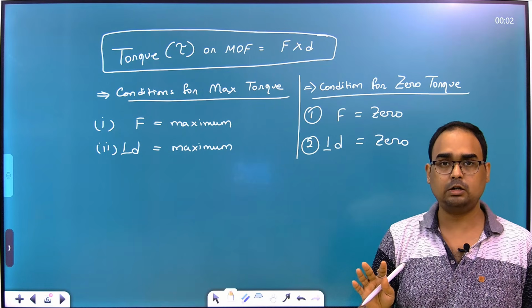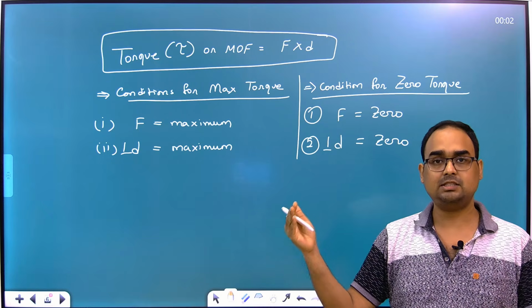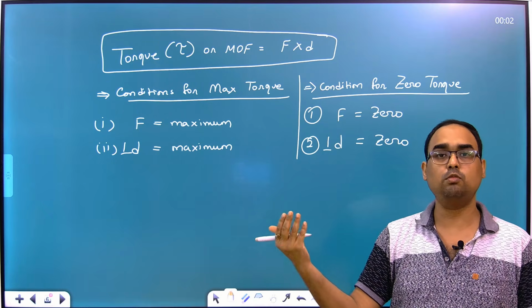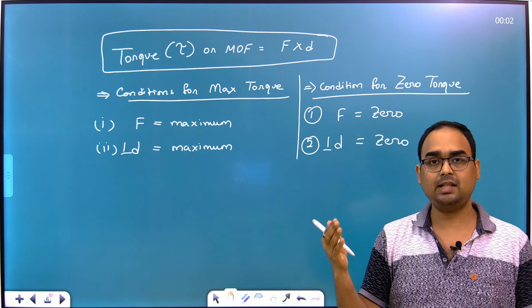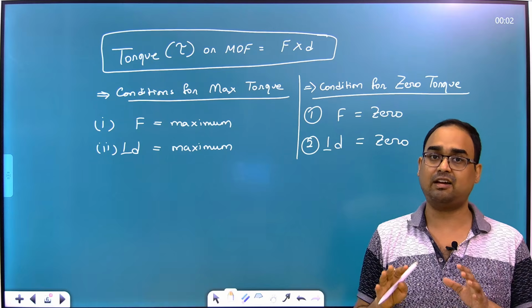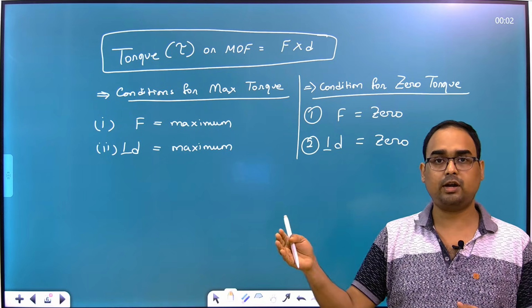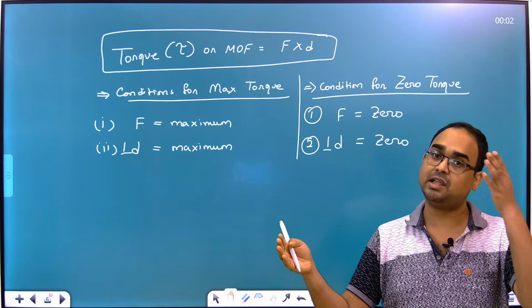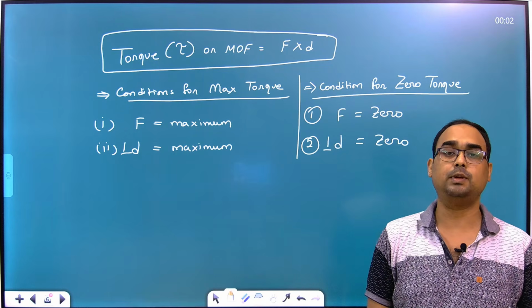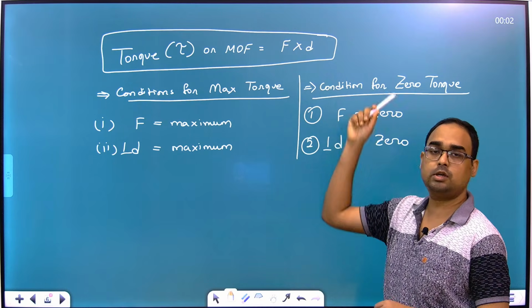You can't open a door by applying force on the hinge, because that is the point through which the door moves. You have force, but your distance is 0. From the pivot point, you are not moving forward, you are applying force on the pivot only. So that will be a 0 distance. And if you apply F into 0, it's 0.